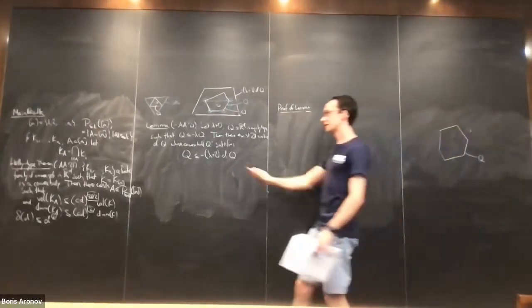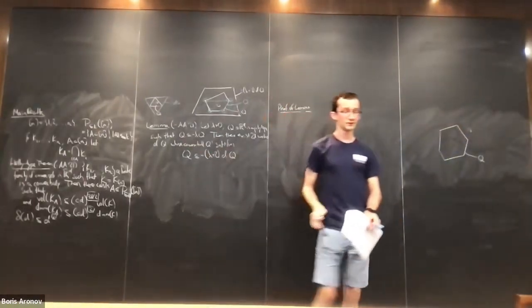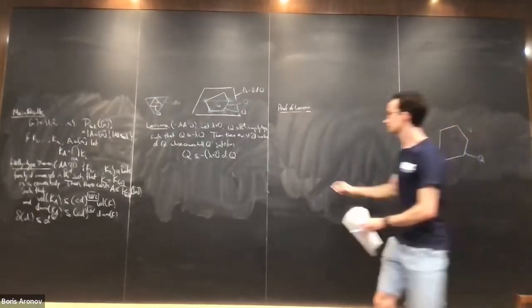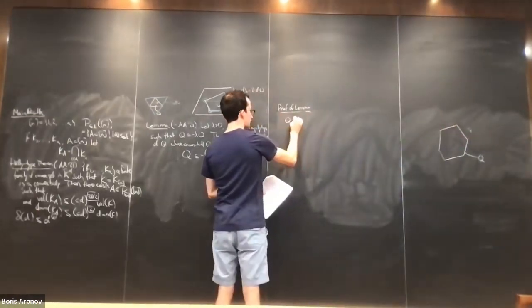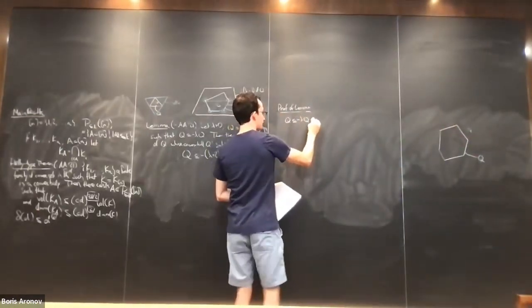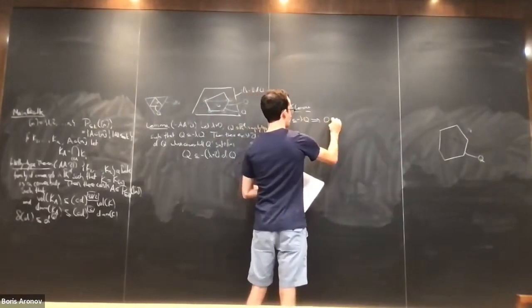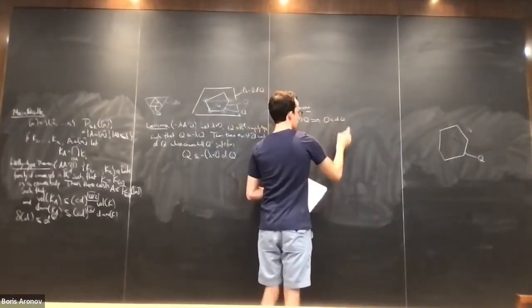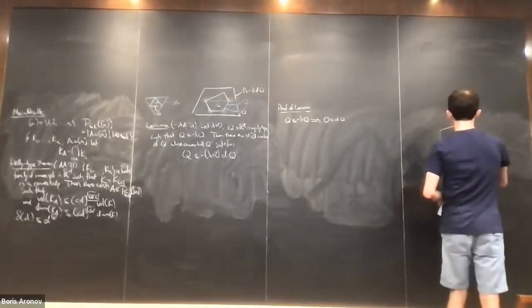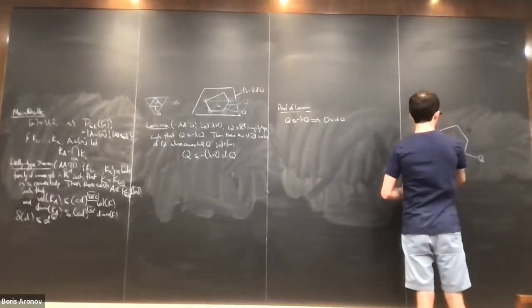However, we assumed that Q sits inside minus lambda Q. So that implies that the origin is in the interior. So let's just say the origin is perhaps here.